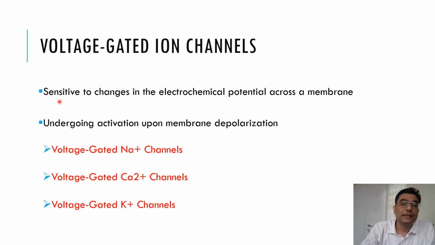They are sensitive to changes in the electrochemical potential across the membrane. Three very important examples are voltage gated sodium channels, voltage gated calcium channels, and the most abundant one, voltage gated potassium channels, which are most abundant in our body.